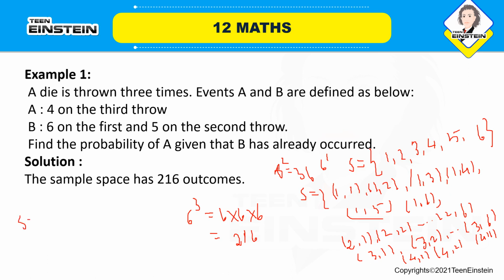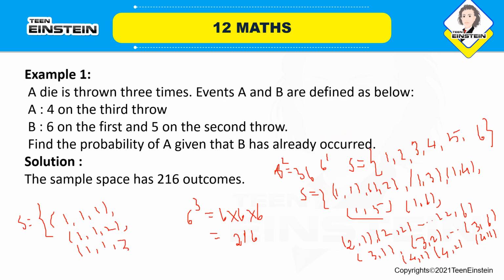How will it be? S equal to, for example, I will write a few, because here a die is thrown 3 times. So 1, 1, 1, right? Then 1, 1, 2, 1, 1, 3.